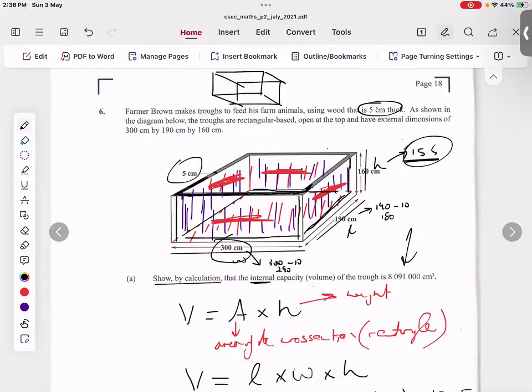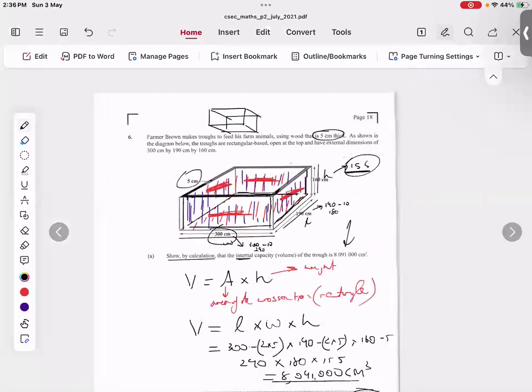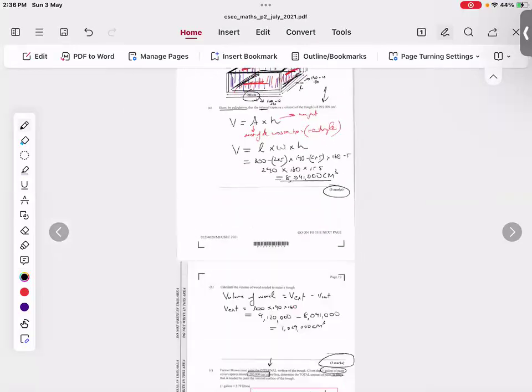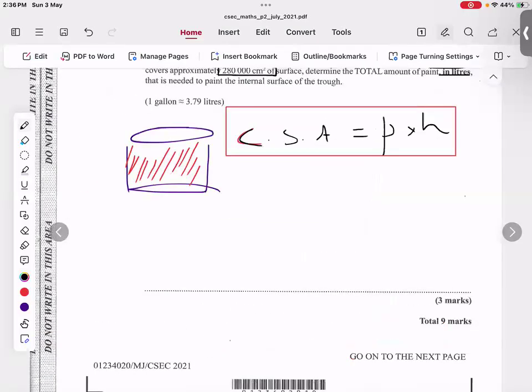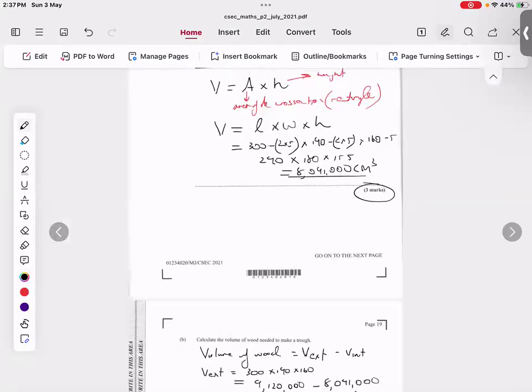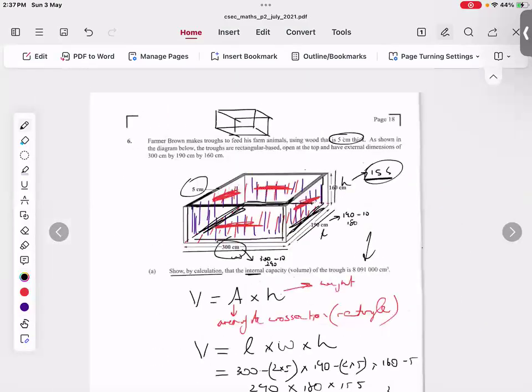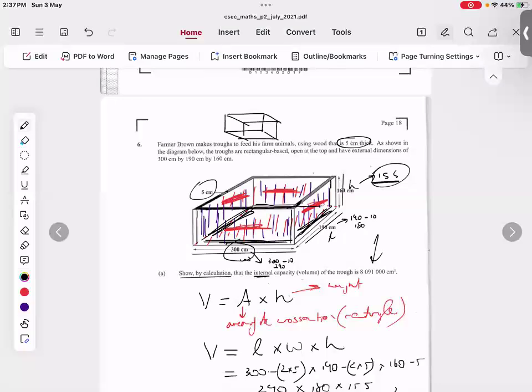The internal part would have been 180 times 2, because there are 2 of them, plus this piece right here, the 300, minus the 10 again, because this piece is times 2, the one at the back.